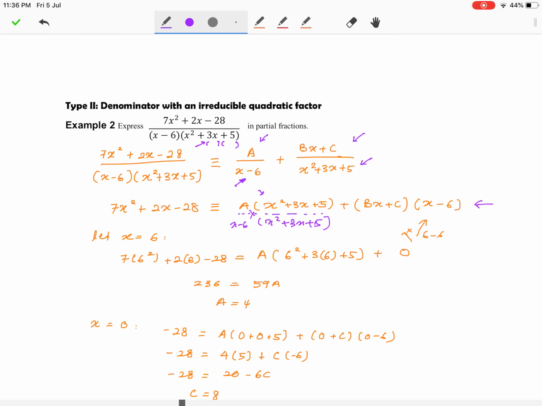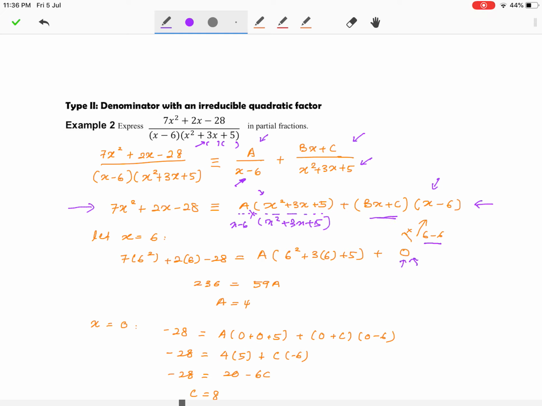So having this expression, I can see that if I put x equals 6, this thing will be 0, because 6 minus 6 is 0, and multiplied by this term, I have 0 here.